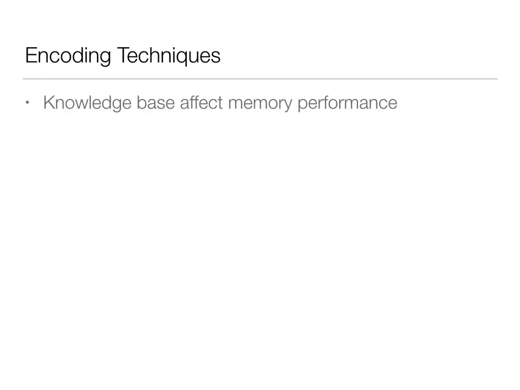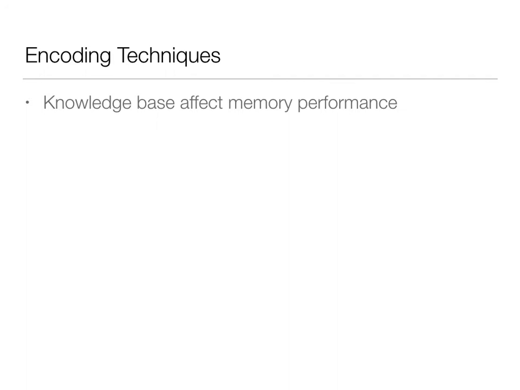So other encoding techniques, I mentioned that knowledge base affects this memory performance. Because I know a bunch about psychology, it makes it easier for me to learn more about psychology. So that's why sometimes the hardest classes that you take are your introductory classes. I know that doesn't make you feel good because you're in my intro psych class now, but it's because you don't have as much to relate it to.